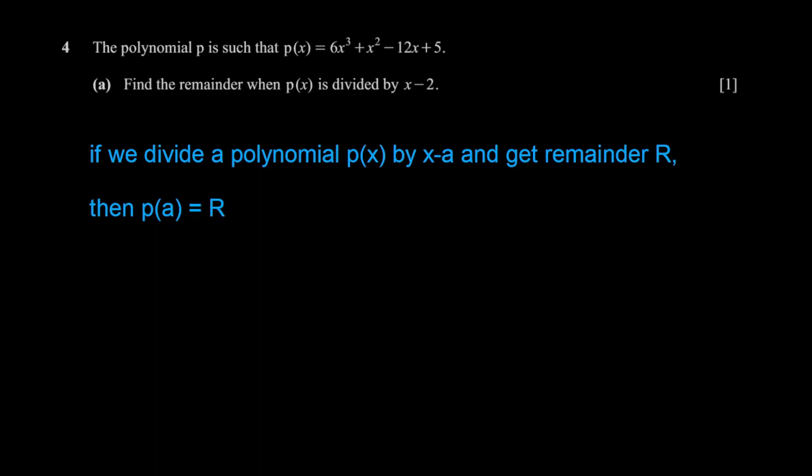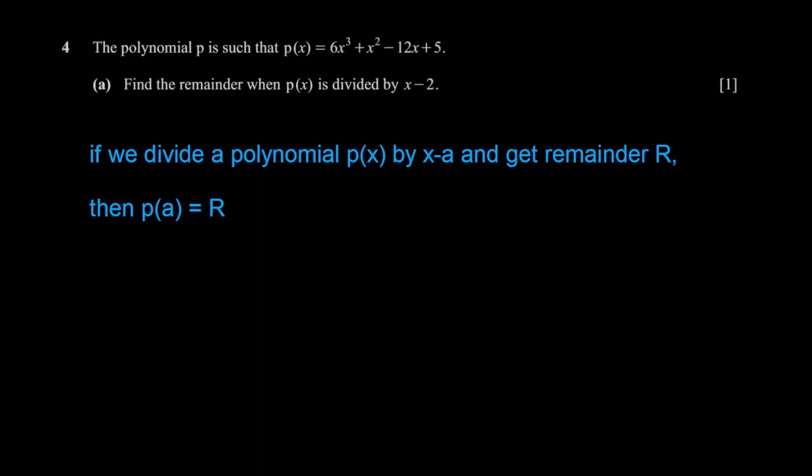So in this particular case, we want to find the remainder when p of x is divided by x minus 2. Well, we could do a polynomial division, but that'd be kind of crazy, right? Because it's only worth 1 mark. It's not worth all that work. So instead what we say is, okay, if we were to substitute 2 into the polynomial, then what we would get is our remainder.